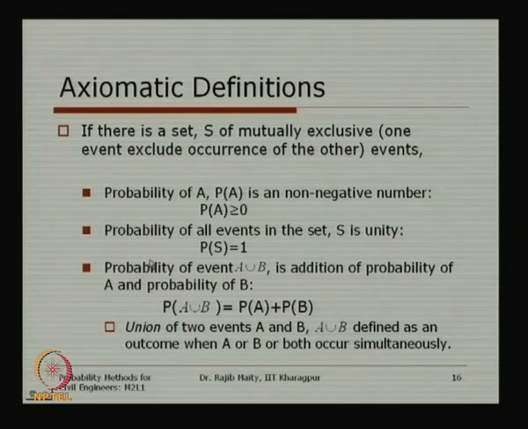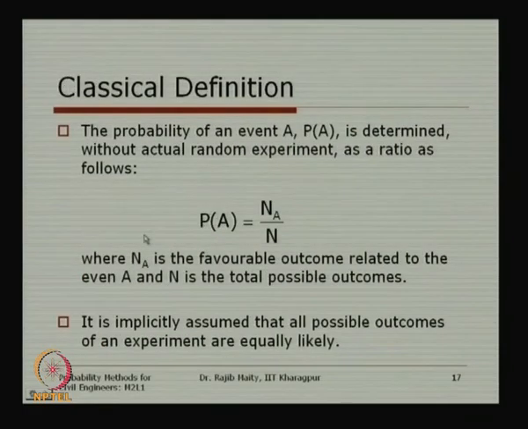These are the three axiomatic definitions, where following the deductive approach we can get the probability of other events if the probability of some other events is known to us. The third one is the classical definition.